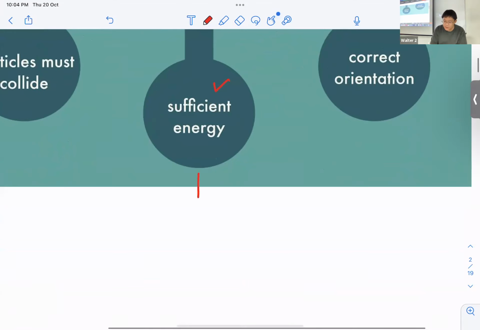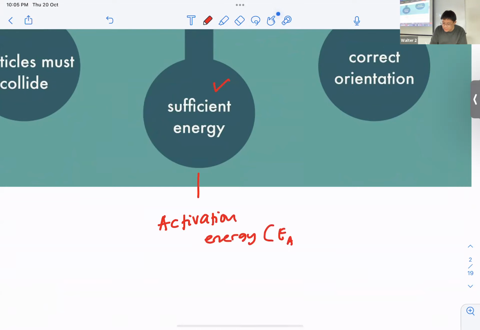This sufficient amount of energy is your activation energy, which is also known as EA. So what's activation energy? The minimum amount of energy required to kickstart the reaction, correct?